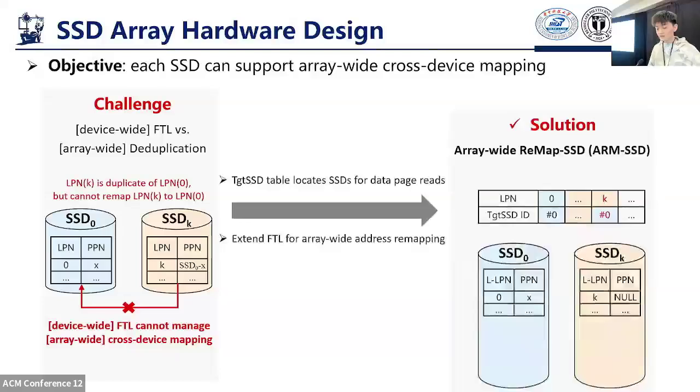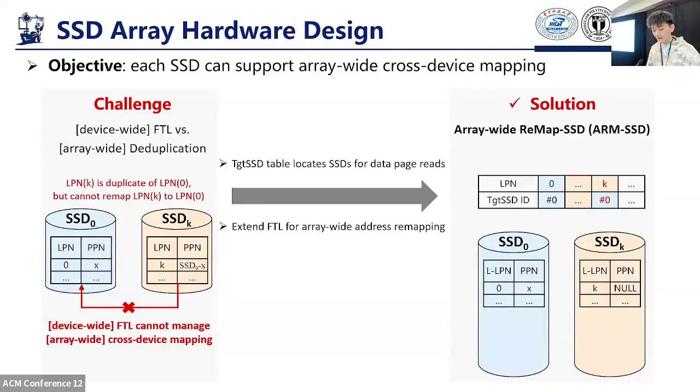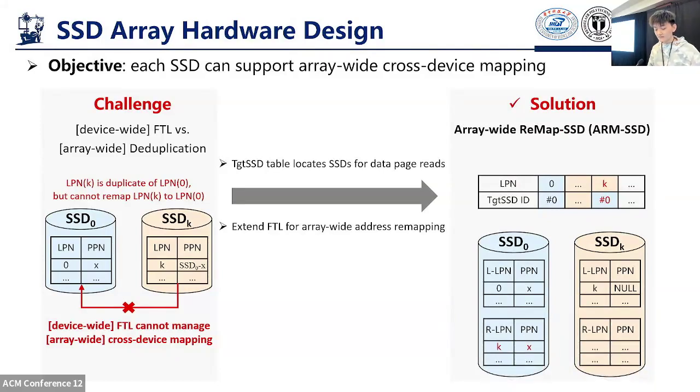To solve this problem, we propose a novel array-wide remap SSD called ARM SSD, which extends the FTL with an additional remote mapping table for array-wide address remapping. The remote mapping table in each SSD covers the address space of the other SSDs in the array.